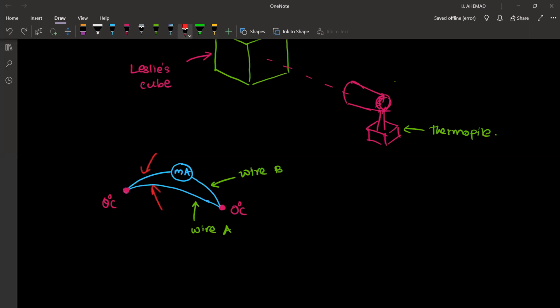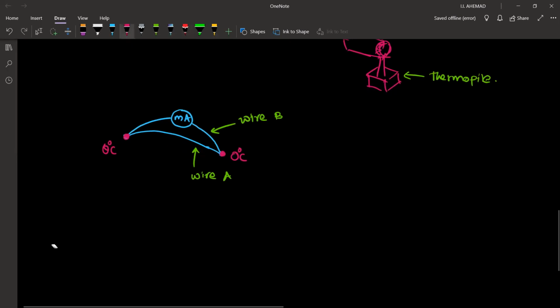Because of that, an EMF is induced. So we can say that due to the temperature difference, EMF is induced.